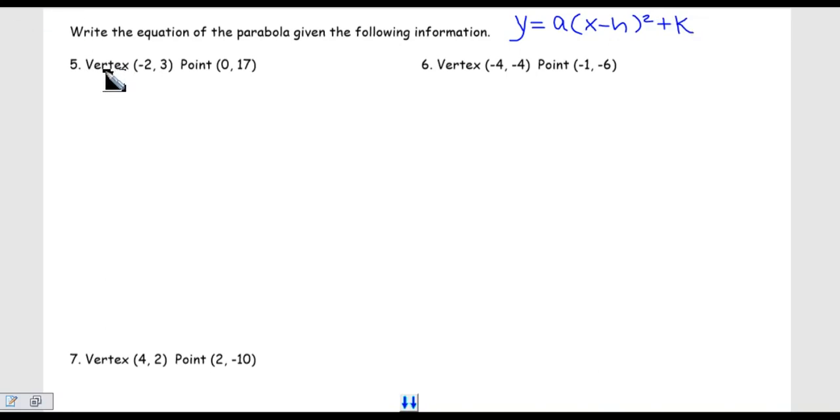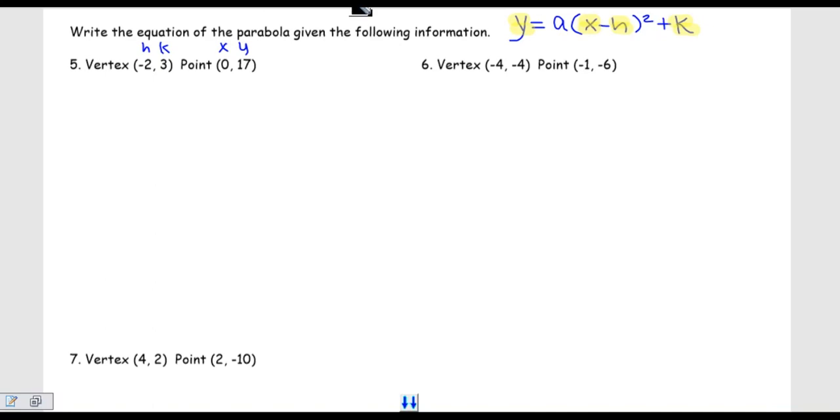Now, things that they're giving me, when they give me the vertex, they are giving me the h value and the k value. And when they give me a random point, they're giving me the x and the y. So in this equation, we are going to fill in everything except for the a. We're going to solve for the a, and then we will use that to write our final equation.